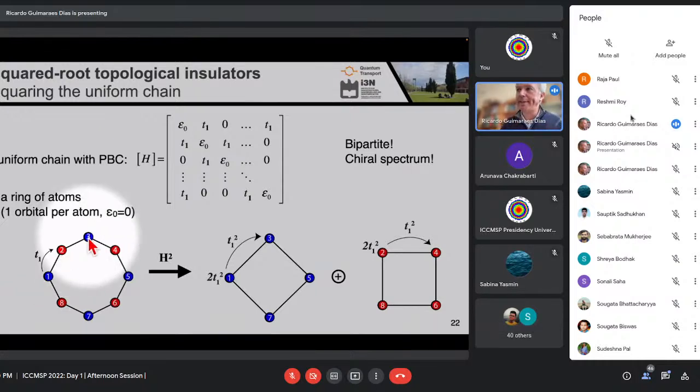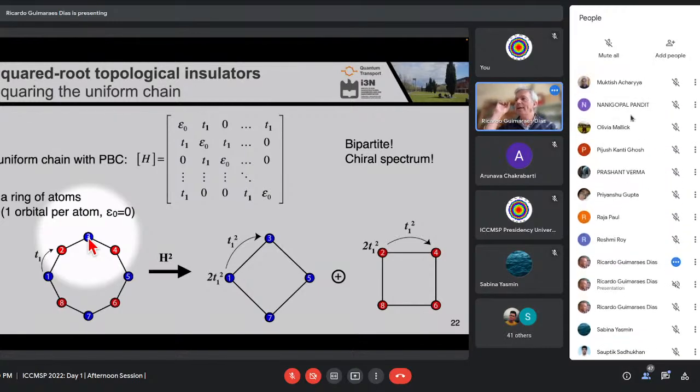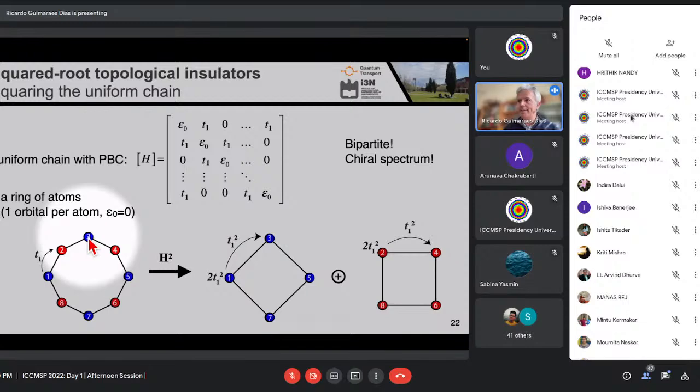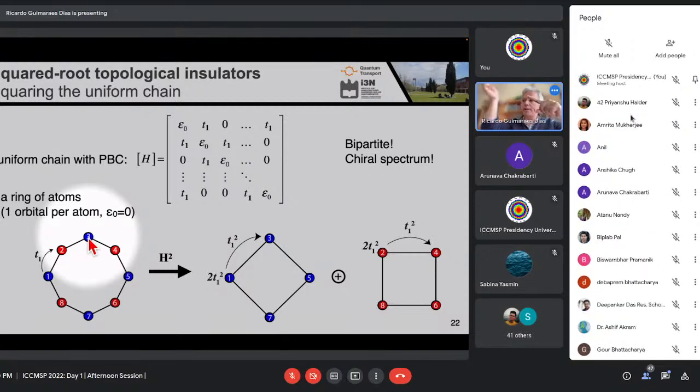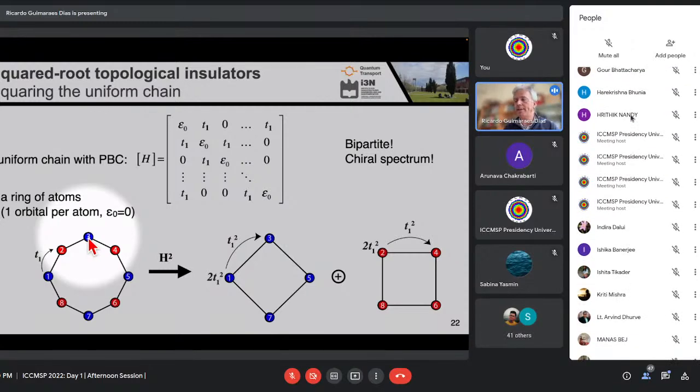And when I have that kind of Hamiltonian, I have chiral symmetry. In fact, the chiral operator is just the projection in one sublattice minus the projection in another sublattice. But that's too much detail. Okay, it's models that are bipartite. I can define two sublattices and only have hopping terms between these two sublattices.